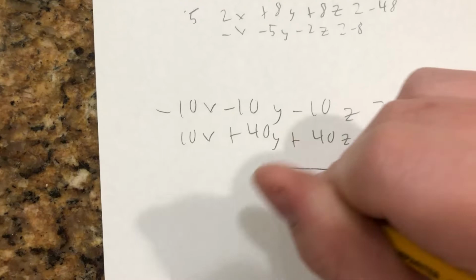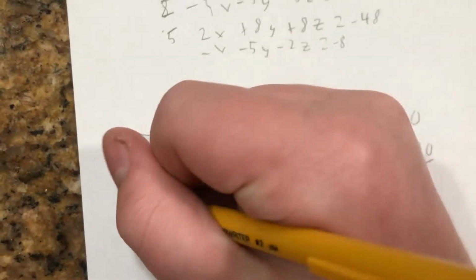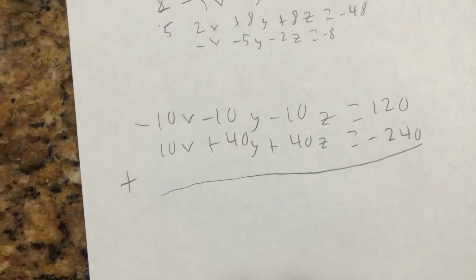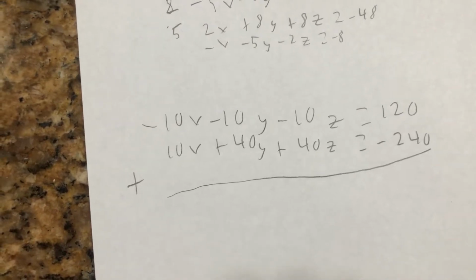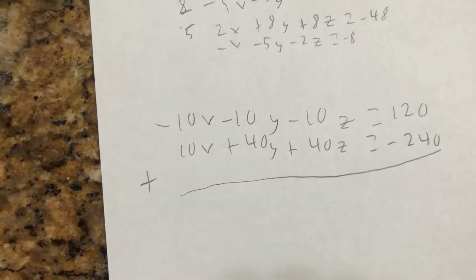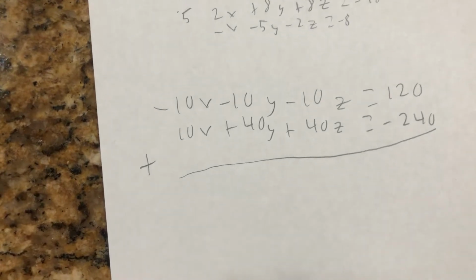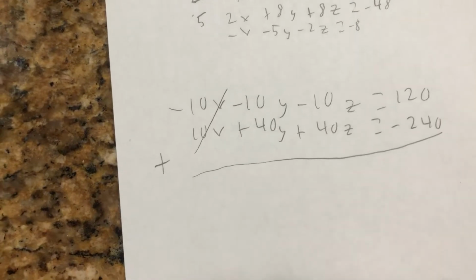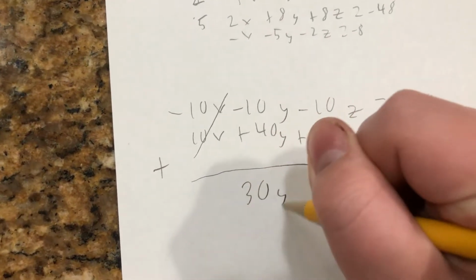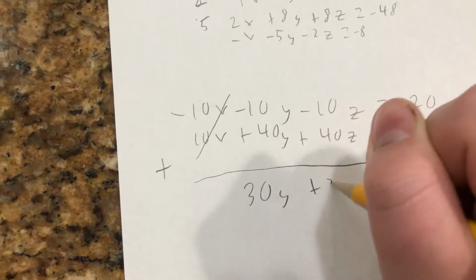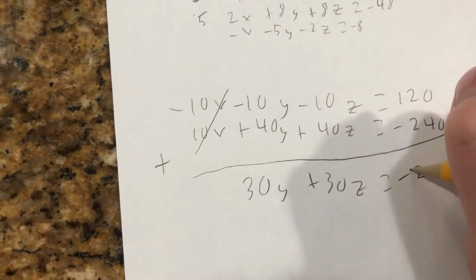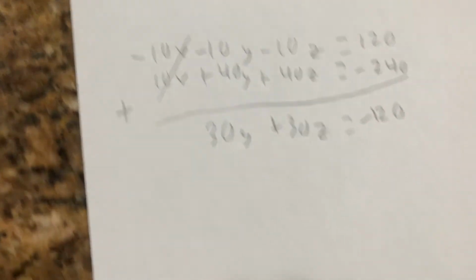And this line right here is very important, and so is that addition mark. We next will solve and cancel out the 10s and get 30y plus 30z equals negative 120.